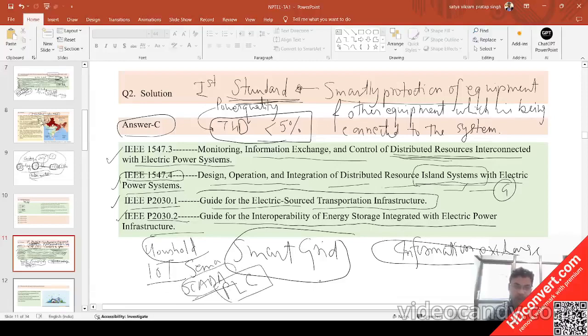So these kinds of communication happen between certain types of systems. So for that you need certain standards to communicate with the different equipment, different parts of the substations. So that is the important point of your information exchange.